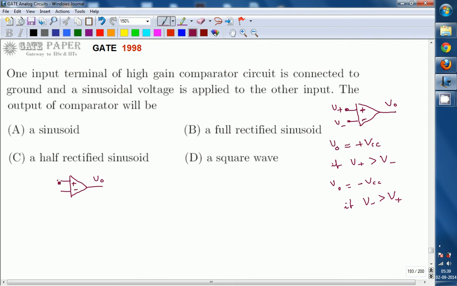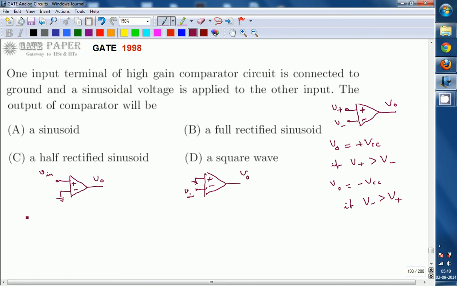In the first case, we apply the sinusoidal signal V input across the non-inverting terminal, and the inverting terminal is grounded. The second case is like this: you apply the input signal to the inverting terminal and the non-inverting terminal is grounded. So by that time, V0.